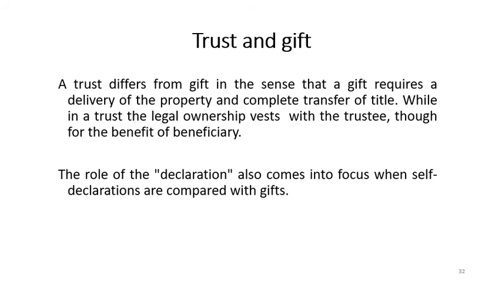In some sense, the beneficiary appears to occupy a similar position in relation to a trust, in that the settlor transfers absolute title in the property by dividing between the legal title vested in the trustee and the equitable interest vested in the beneficiary. Now, when you compare this, generally in a gift, the absolute right of the property is transferred to the donee. But here also, the author of the trust absolutely transfers the property to the trustee. But here, the legal title is transferred to the trustee, and the equitable title to the beneficiary.